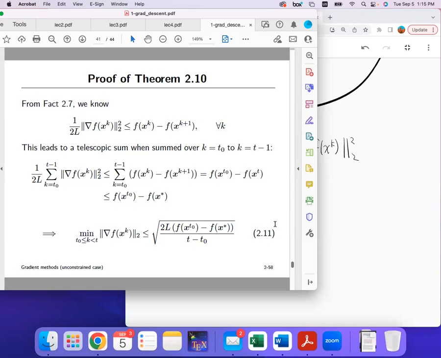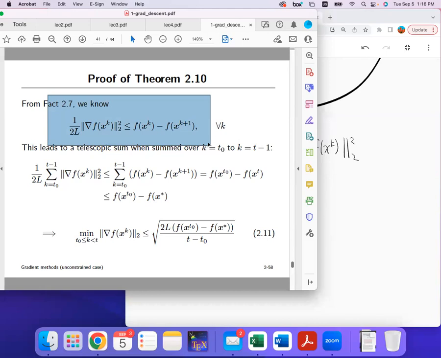So the proof is actually very straightforward. Just do a telescoping sum and then the result is obtained directly. Yeah, and this is also intuitive because your function is decreasing, right? And the progress is bounded by gradient norm.